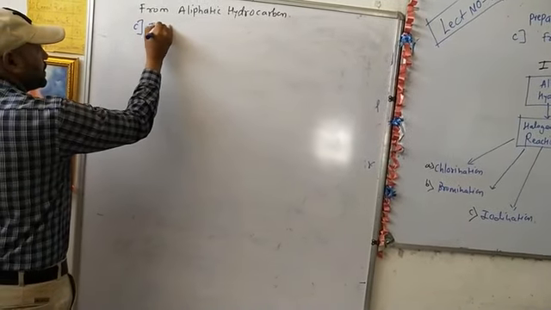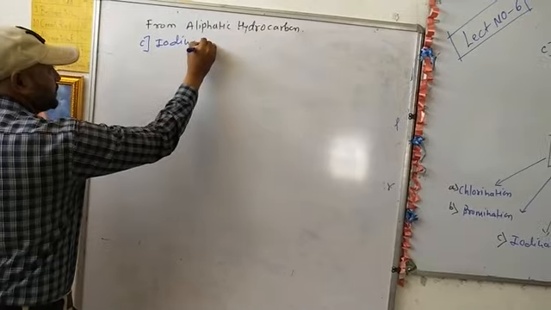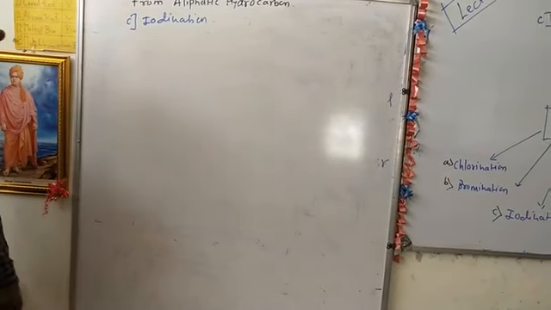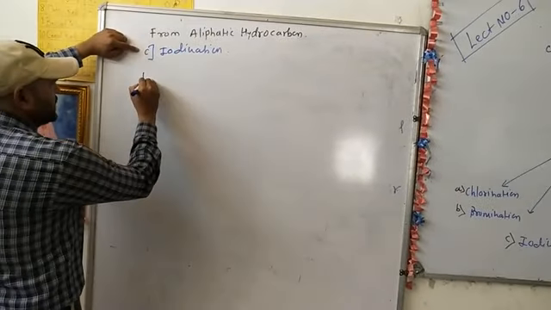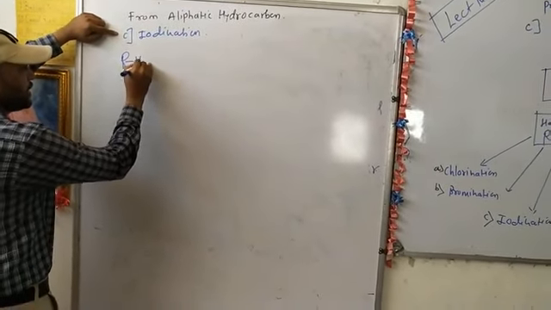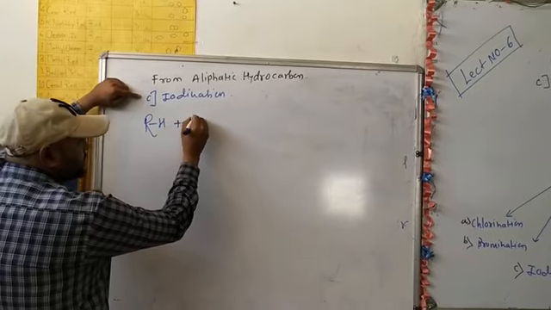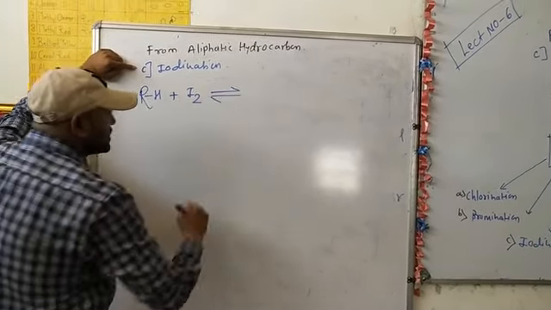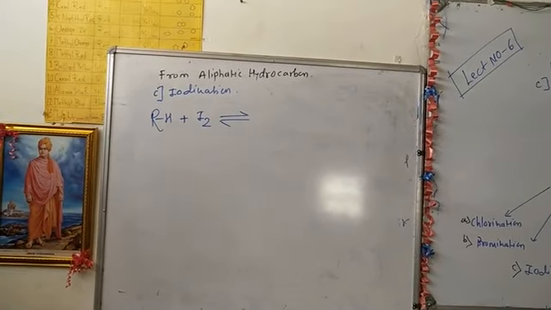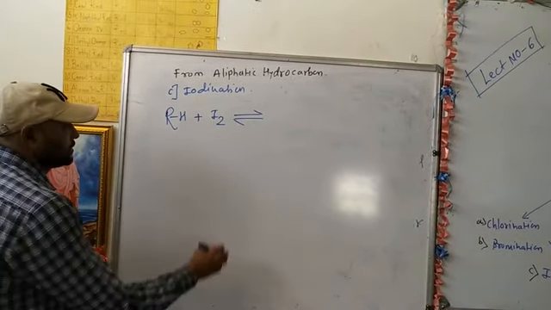Iodination of alkane. If we carry out the iodination of alkane, RH plus I2, this reaction is a reversible reaction.